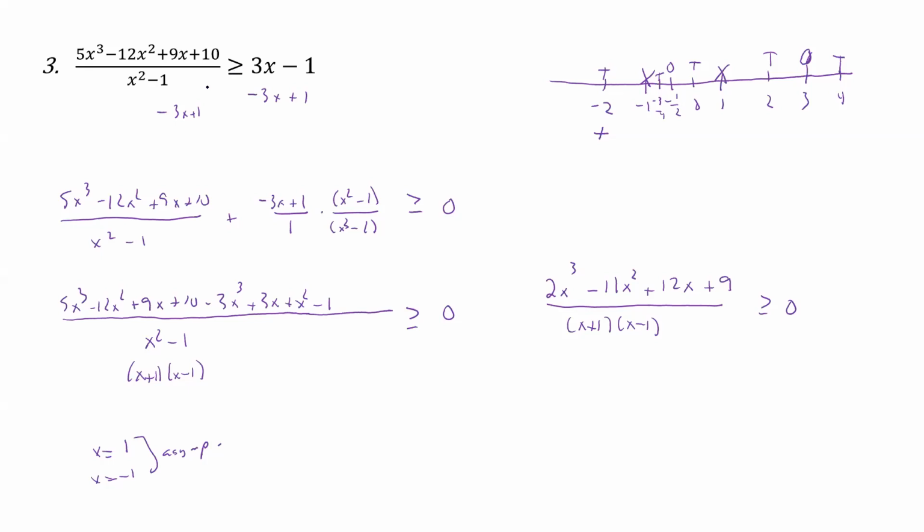So here we had negative 2. Let me make sure I type this right: 2 times x to the third, minus 11 times x squared, plus 12 times x, plus 9.